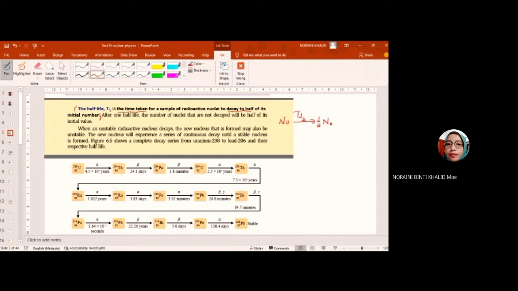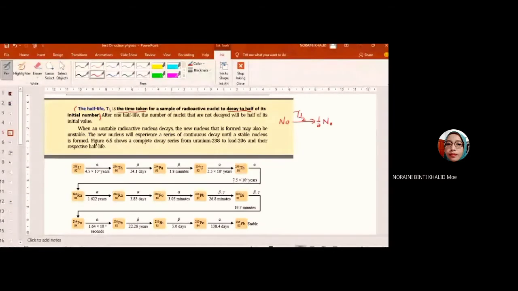When an unstable radioactive nucleus decays, the new nucleus that forms may also be unstable. The new nucleus will experience a series of continuous decays until a stable nucleus is formed. Okay, Figure 6.5 shows the complete decay series from uranium-238 to lead-206 and their respective half-lives.